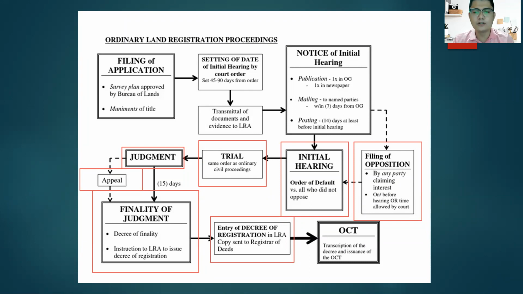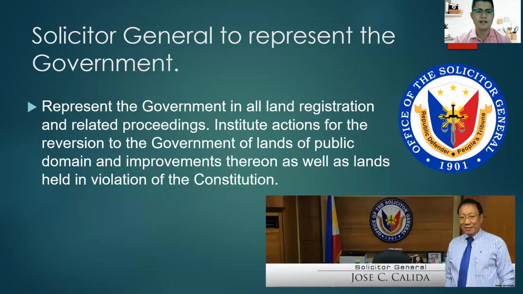We are already at the filing of opposition. Then after that, you have initial hearing, then trial, then judgment, then appeal, and if there's no appeal, then finality of judgment, then the entry of decree of registration. That's what I'm about to report.